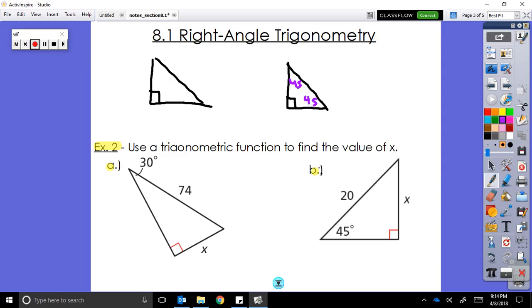This one is the easy one because with a 45, 45, 90, you have two legs that are the same length and then a hypotenuse. And here's what their lengths are. 1 to 1 to square root 2, or we write their ratio 1 to square root 2, which is the leg to the hypotenuse.